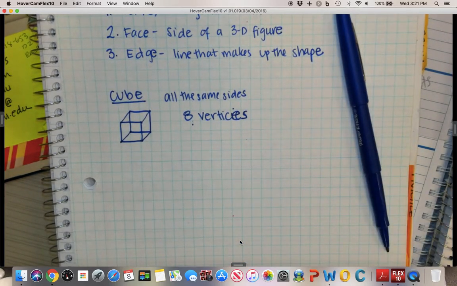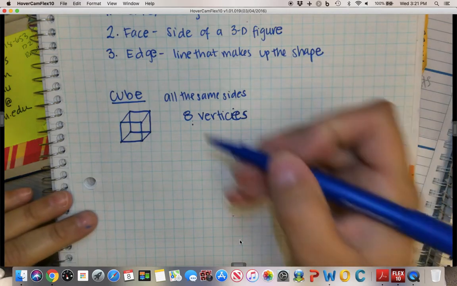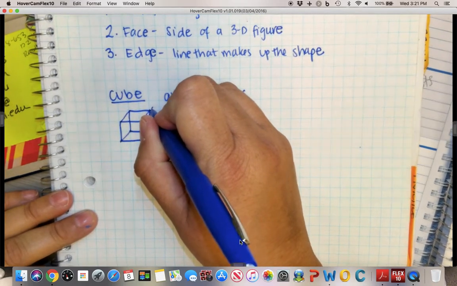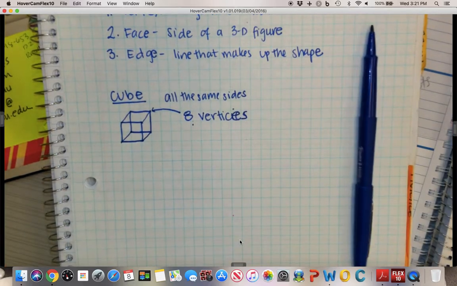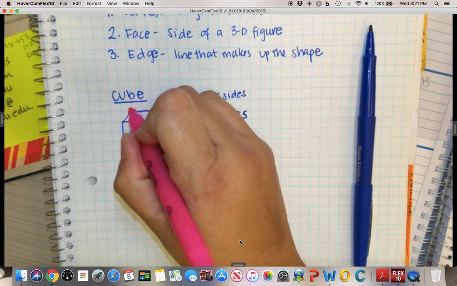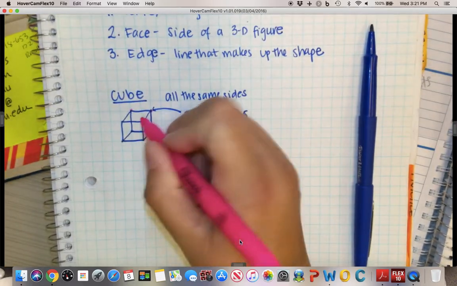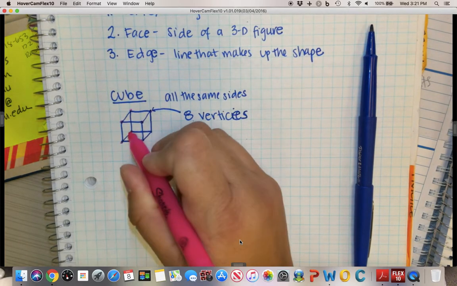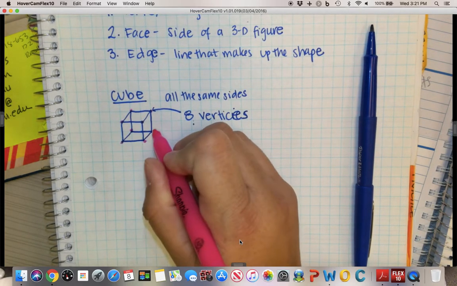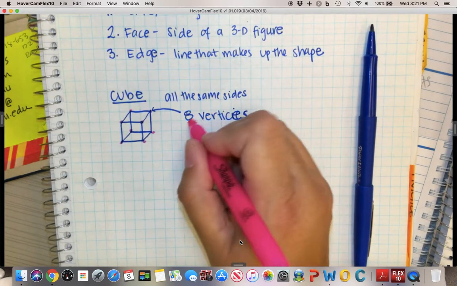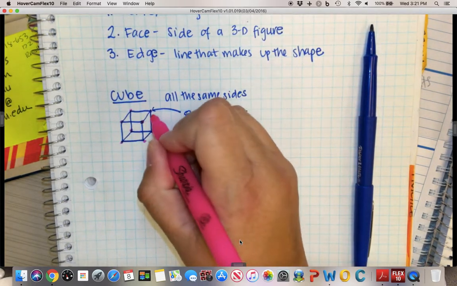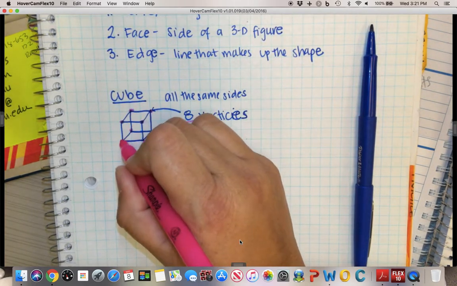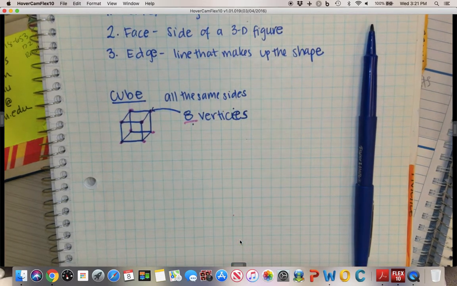And the vertex is the edge where 2 lines meet. So 1, 2, 3, 4, 5, 6, 7, 8. 8 vertices. Basically the corners.